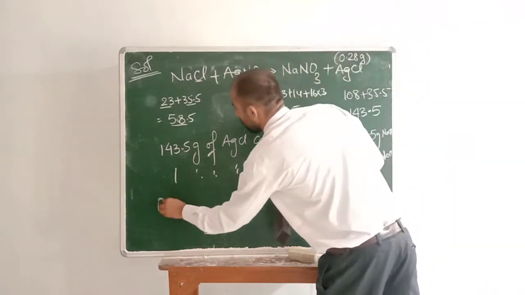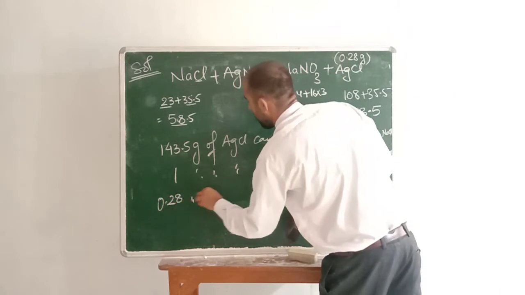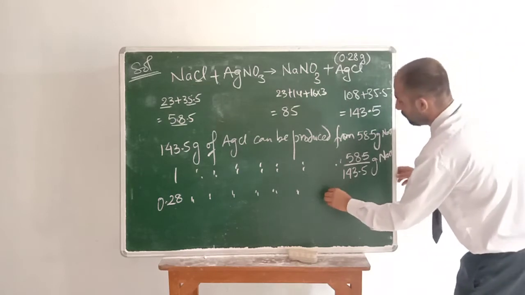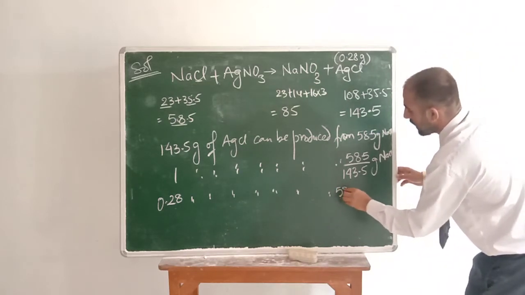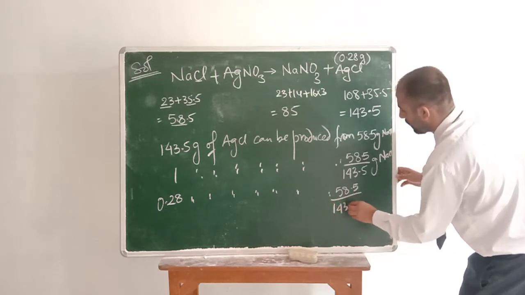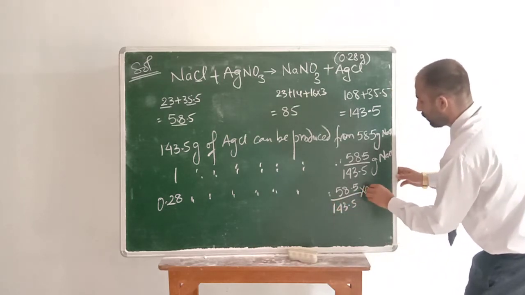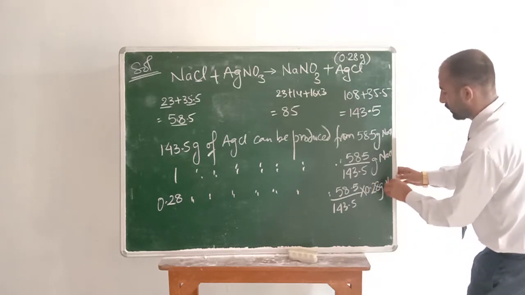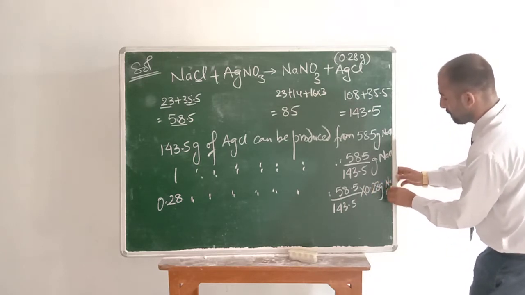So 0.28 gram of silver chloride can be produced from 58.5 divided by 143.5 into 0.28 gram of NaCl. I hope you can understand here.